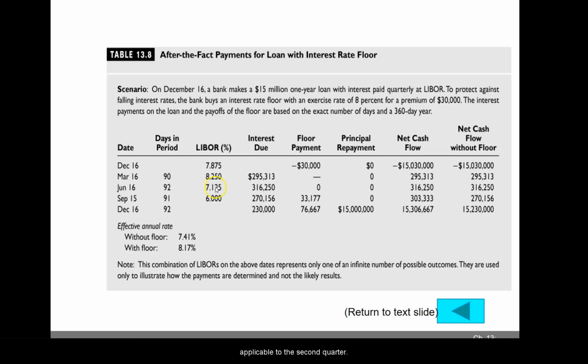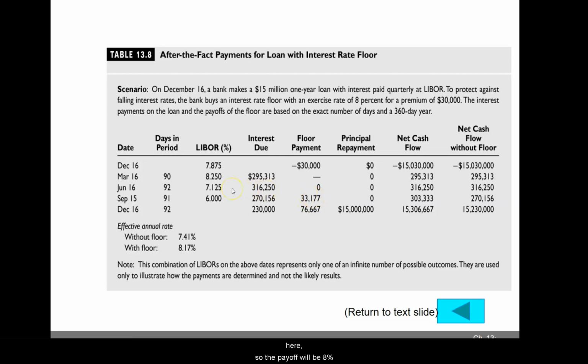At the beginning of the third quarter, the LIBOR is 7.125%, and this implies that the second floorlet, which is for the third quarter, is in the money, as the exercise rate is 8% and the LIBOR on the 16th of June is 7.125%. However, the payoff, as we know, will be received at the end of the third quarter, that is here.